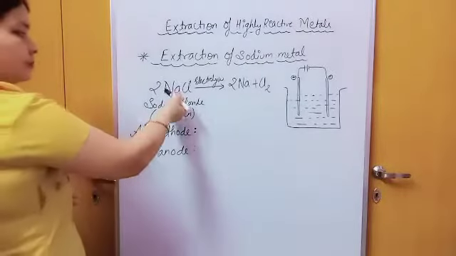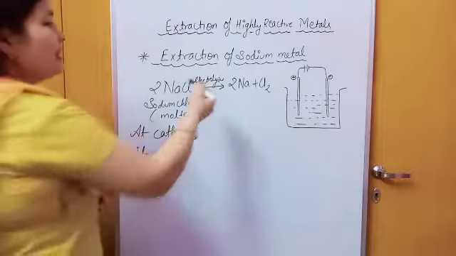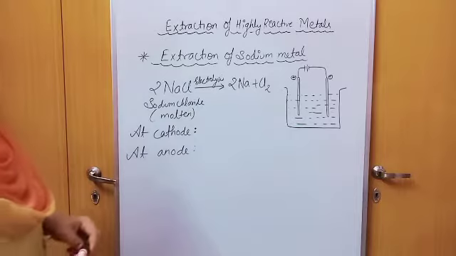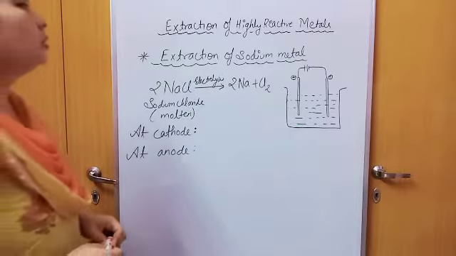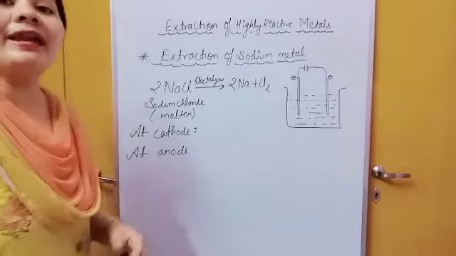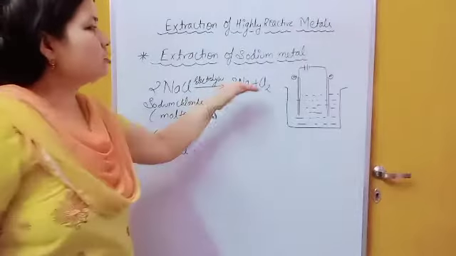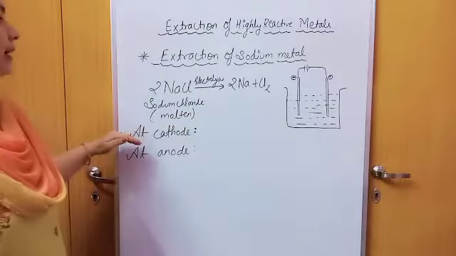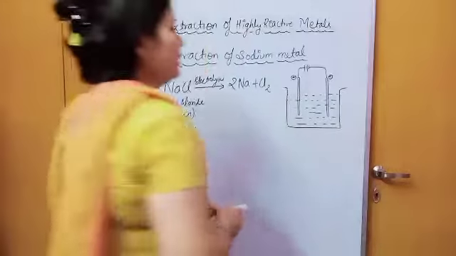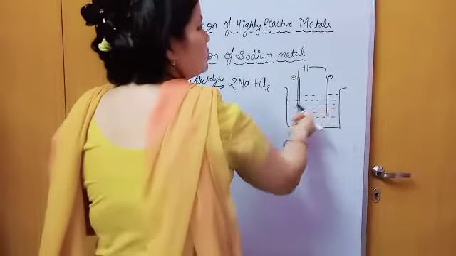So when NaCl is in molten state and we pass electricity, it dissociates into Na+ and Cl-. I'll show you what happens at the anode and cathode. Suppose this is a container, and two electrodes are given.